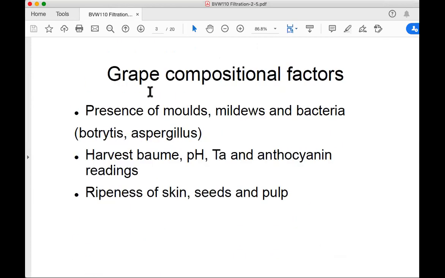Okay, so let's start off with the compositional factors. So, presence of molds, mildews, and bacteria. What we find is that there are a large number of what we call macromolecules that are the result of bacterial and mold and fungi processes.